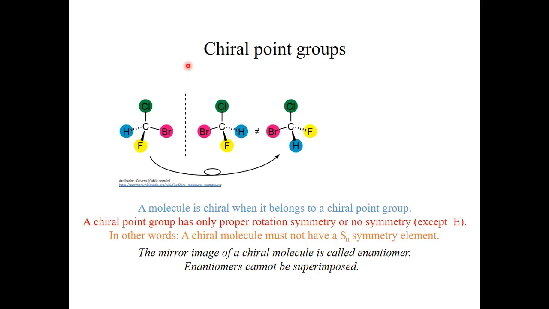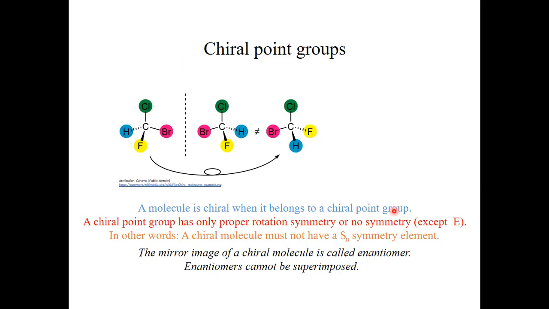So you've probably heard about chiral molecules in your organic classes. So a molecule is chiral when it belongs to a chiral point group. So when does it belong to a chiral point group? It belongs to a chiral point group when it only has a proper rotational axis, but no other symmetry elements except the identity. Okay.